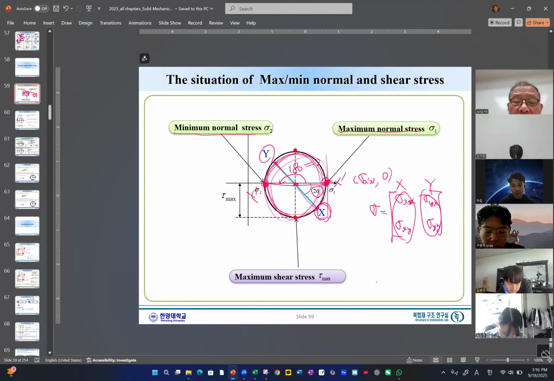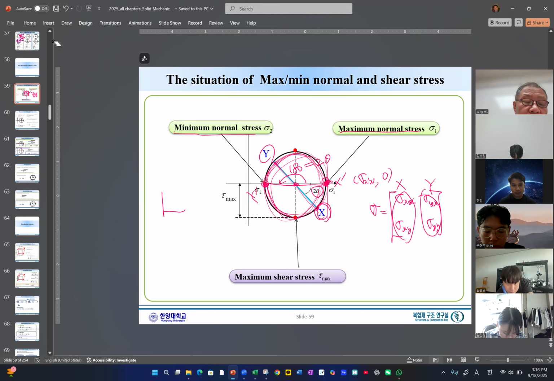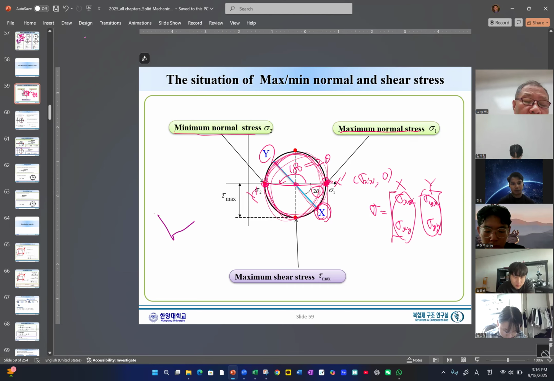But remember, this is always 2 theta. So 2 theta means that theta equals 90 degrees. So if this is the sigma max, and this is x prime and y prime, 2 theta is 90 degrees. That's why we have x and y prime.